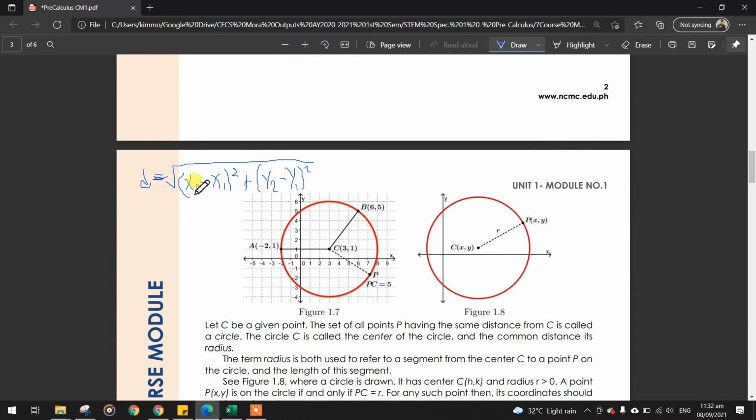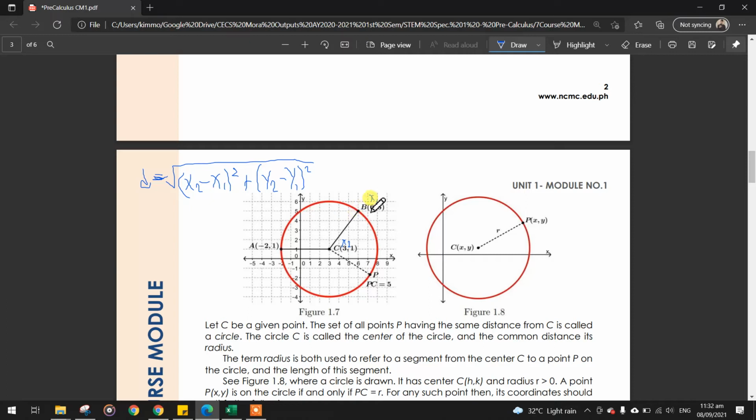The x sub 1 and x sub 2 are our x values, 3 and 6. You can assign B as x sub 1 and the other as x sub 2. It can be interchanged.